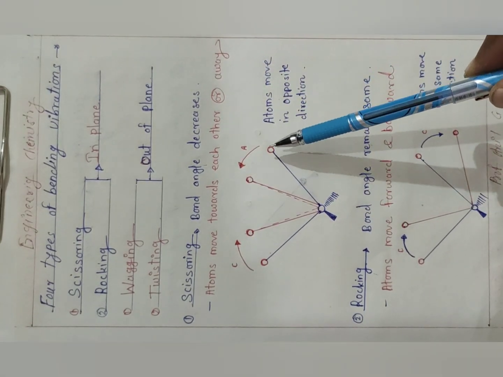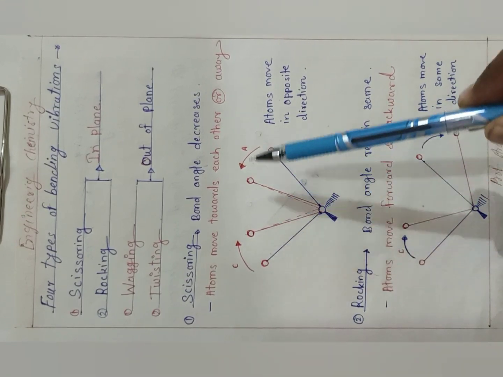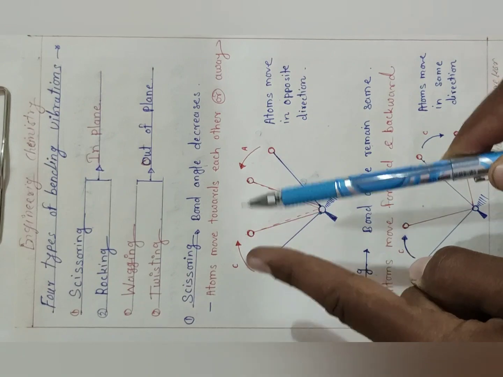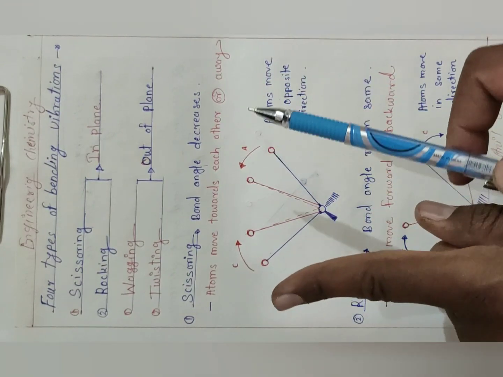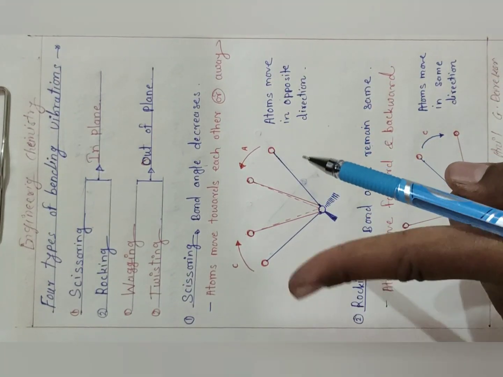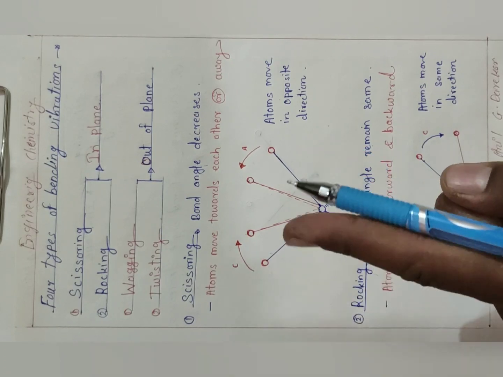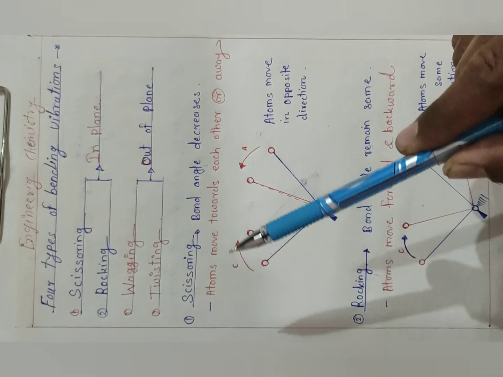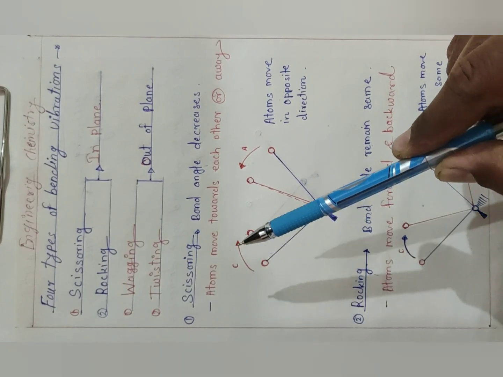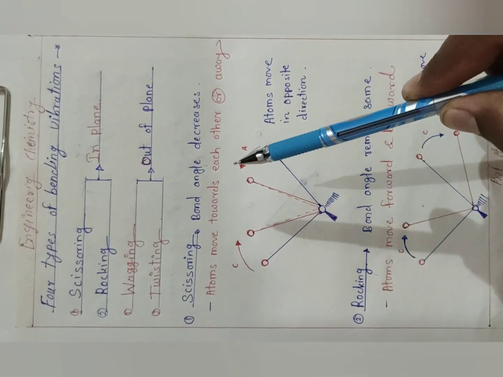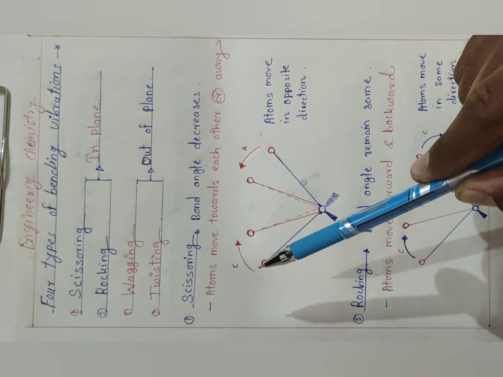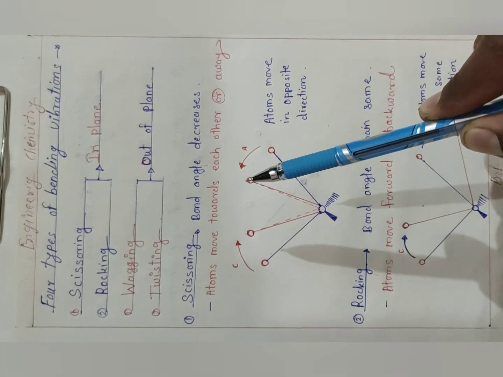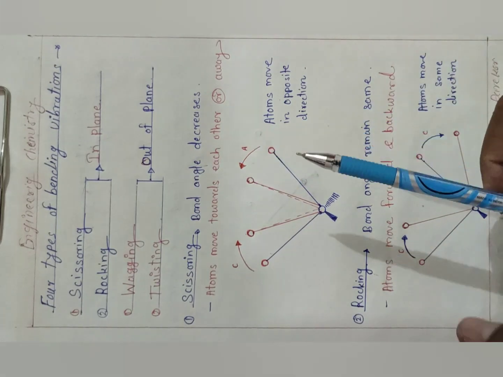Now you can see these are the atoms and their original position. Now here atoms move towards each other. So this is a scissoring, right? Here atoms move in opposite direction. One atom moves clockwise and the other atom moves anti-clockwise.